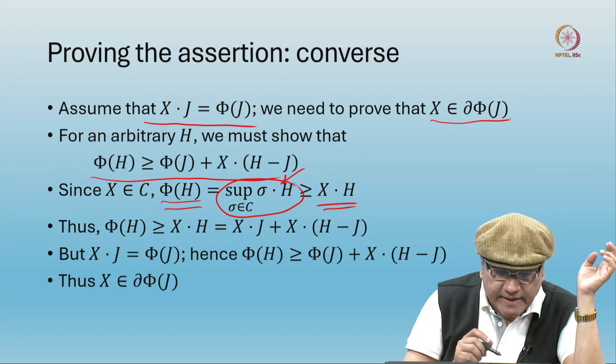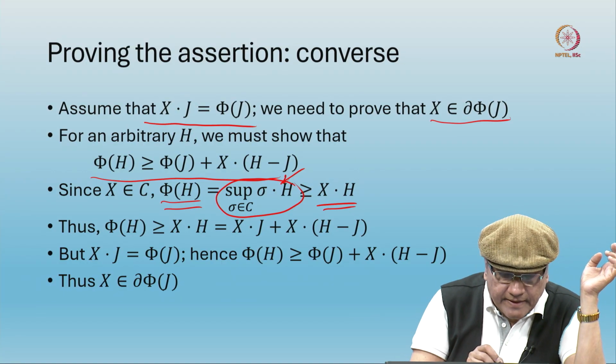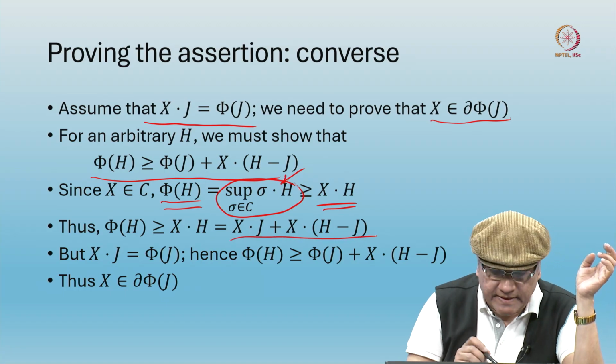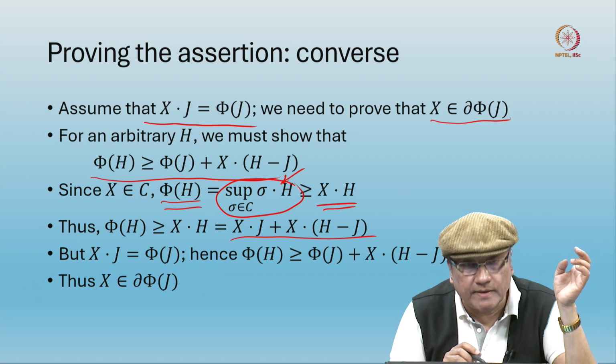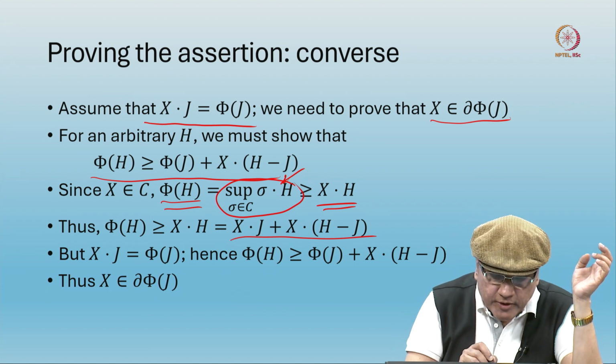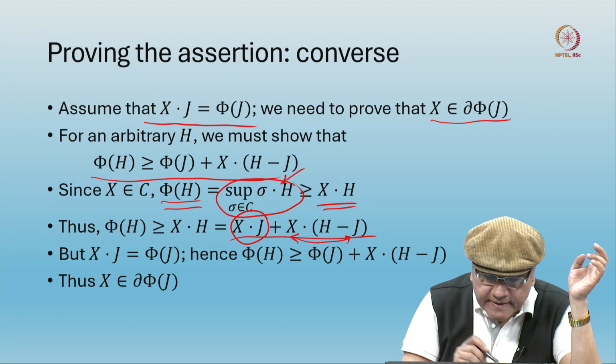Now, x inner product h is actually equal to x inner product j plus x inner product h minus j. You see, x inner product j appears here, and there is an x inner product j here, they cancel.